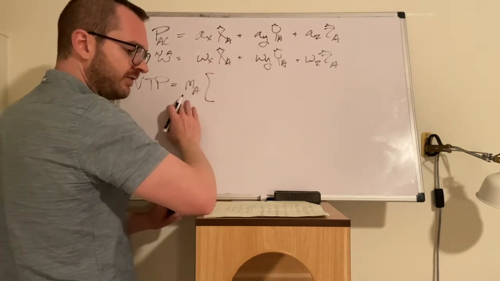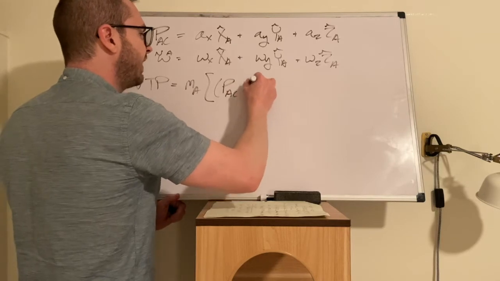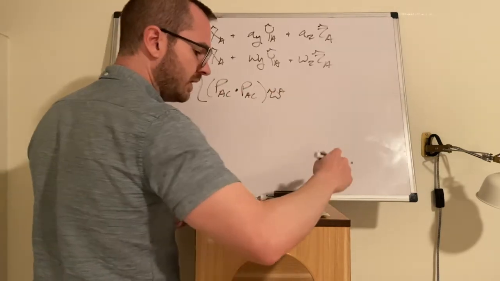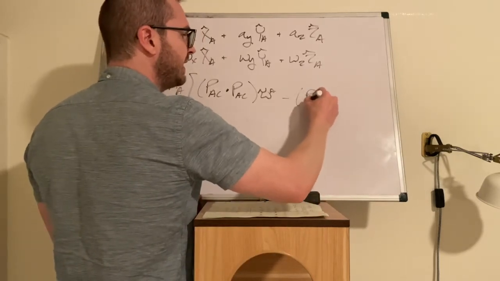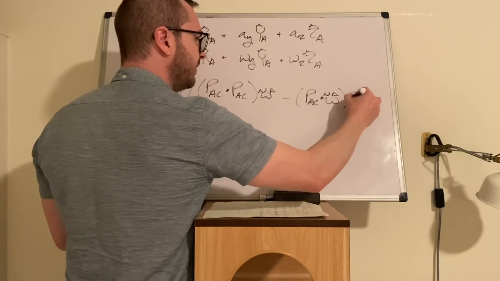So we still have this scalar mass on the outside, and it's the position vector A to C dot A to C multiplied by omega in A, and it's minus PAC dot omega in A times PAC.